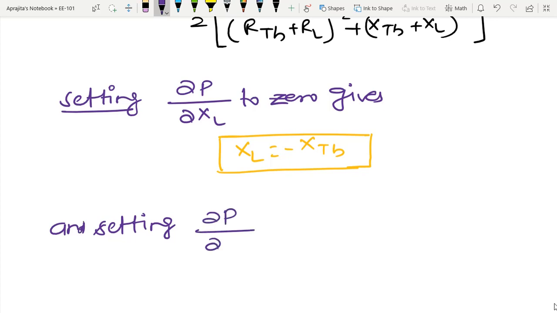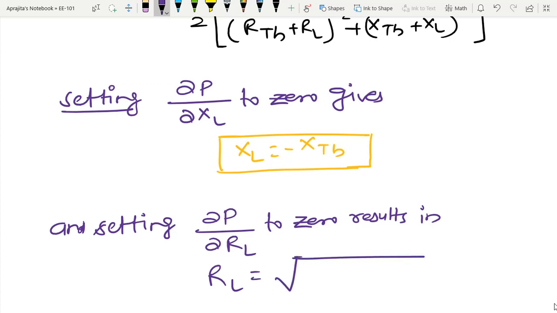Dou P by dou RL equal to 0 results in RL equal to square root of RTH square plus (XTH plus XL) square.